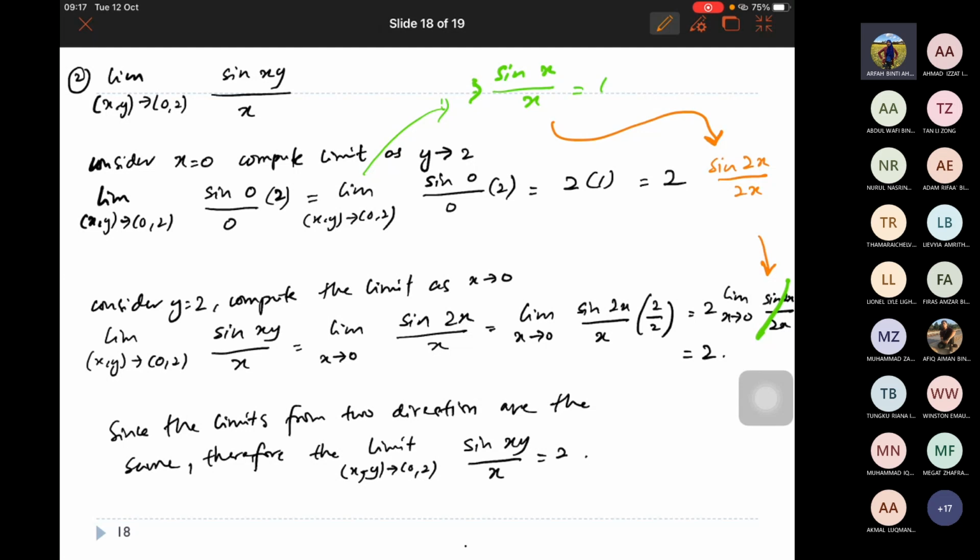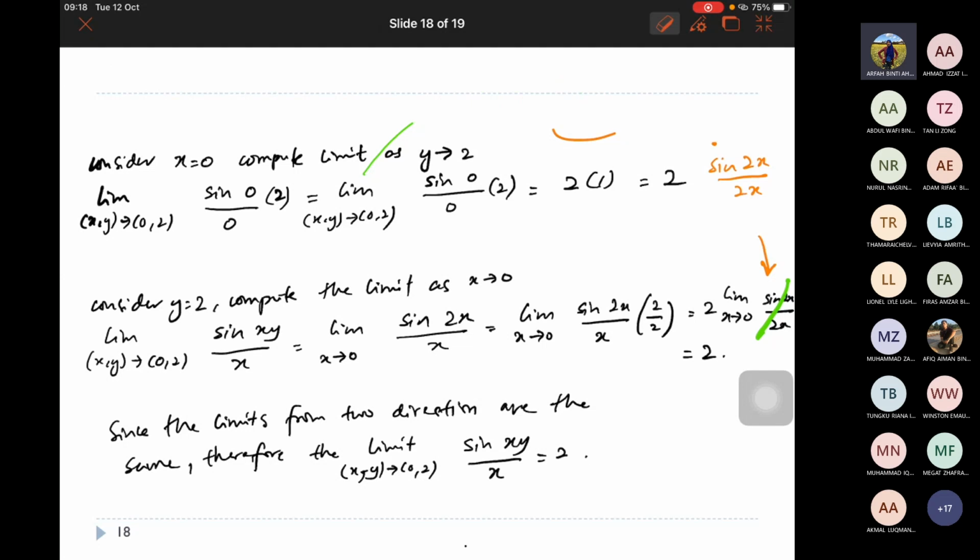Itu soalan dia. Soalan yang ketiga, find the points of discontinuity of the function A dan juga B. Okay. Find the point of discontinuity of the function f(x,y) equal to ln.